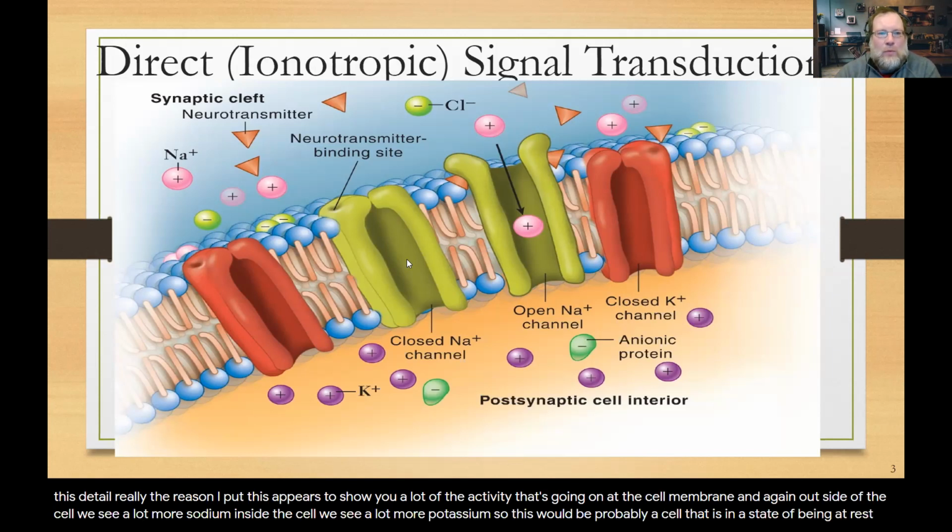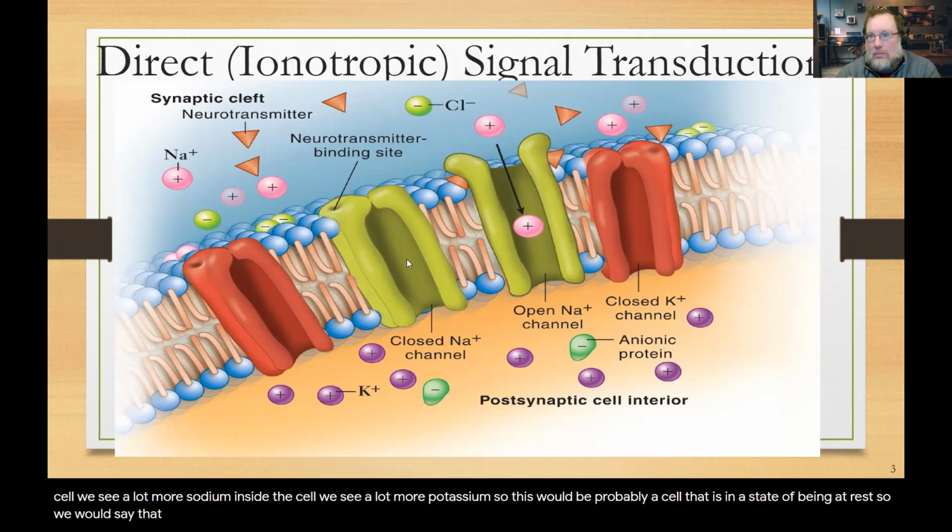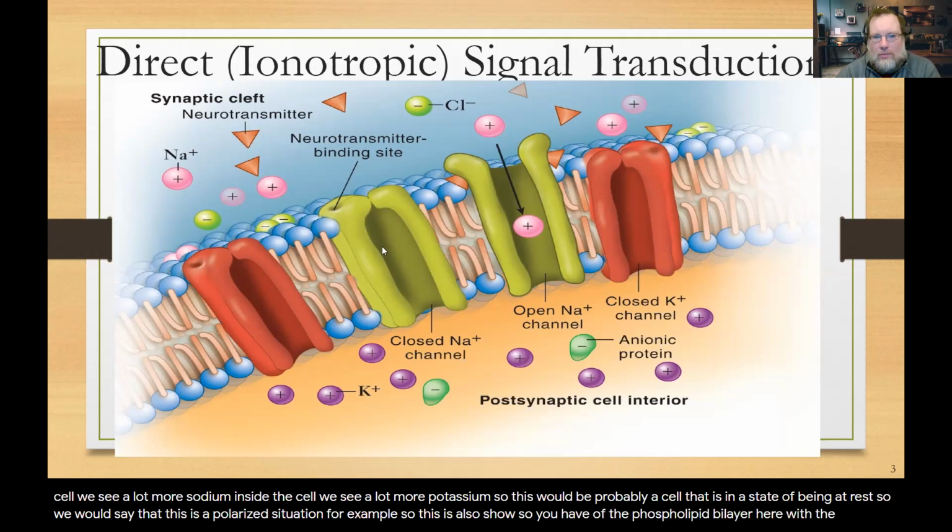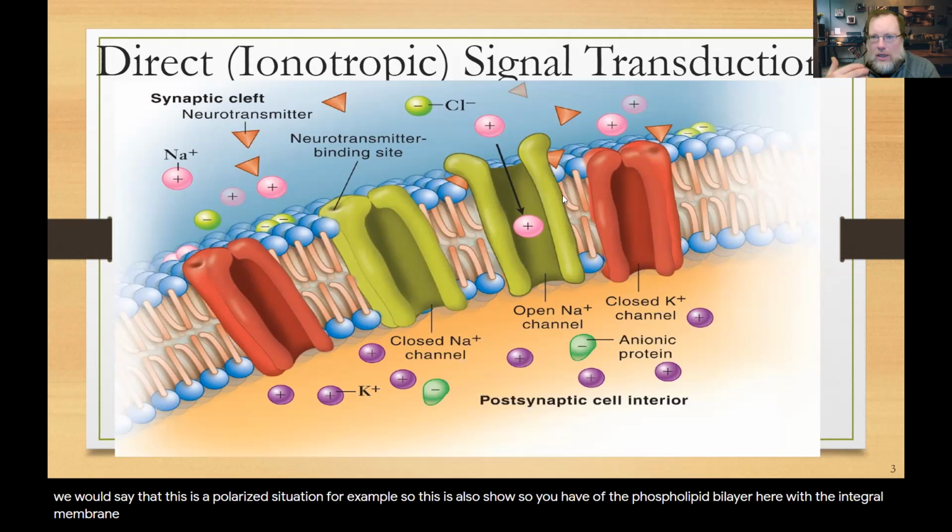So we would say that this is a polarized situation, for example. So this is also shown. So you have the phospholipid bilayer here with the integral membrane proteins. Those could be channels or pumps, pores, some method of passing something into the cell or out of the cell.